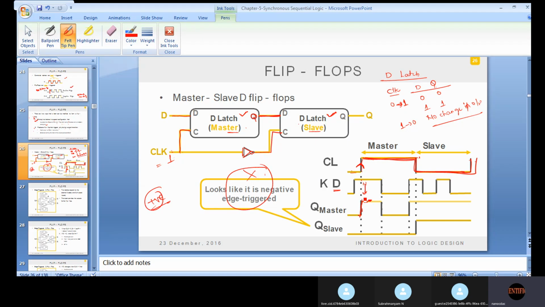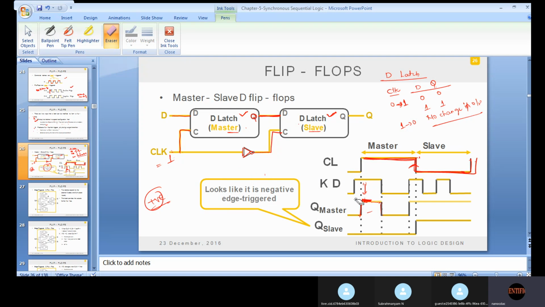Actually it should hold this value up till the next edge. But what is happening in between, the output master value is changing. Okay, the output master value is changing here. So this is not positive edge triggered.